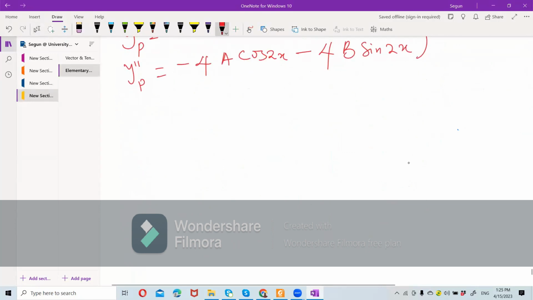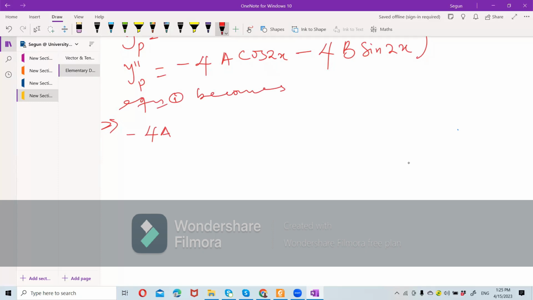So all you need to do is, now, equation 1 becomes y double prime, which is minus 4a cos 2x minus 4b sine 2x. Close the brackets.